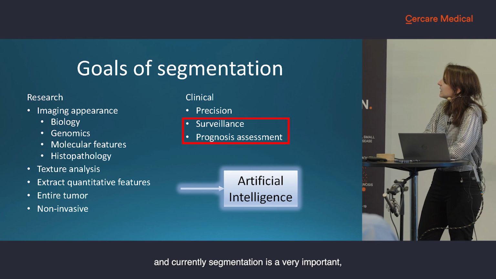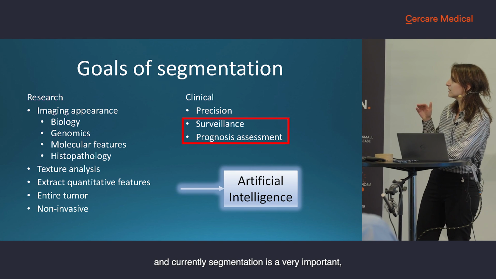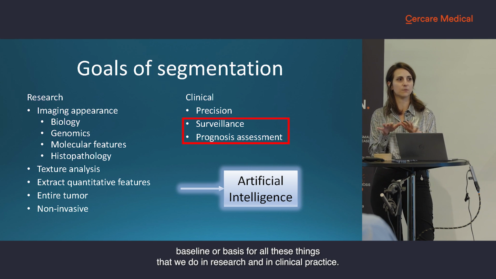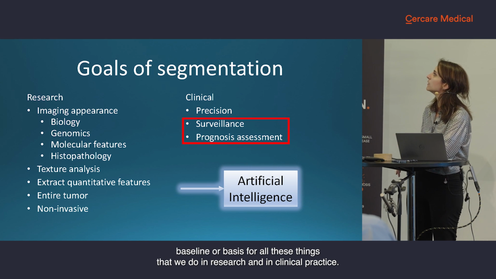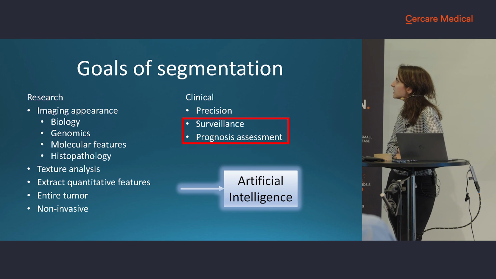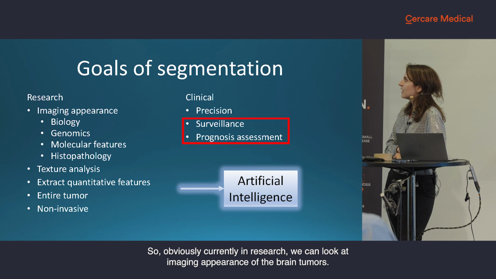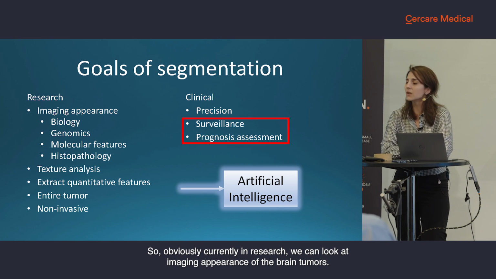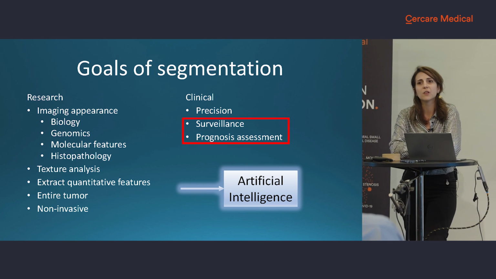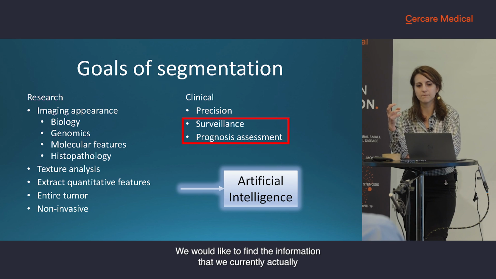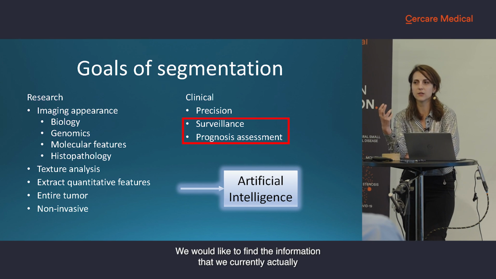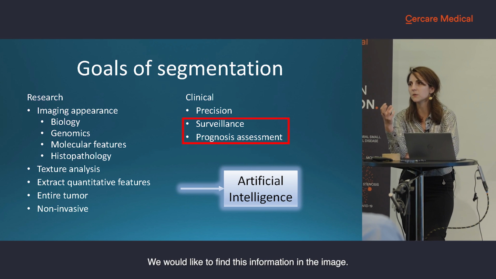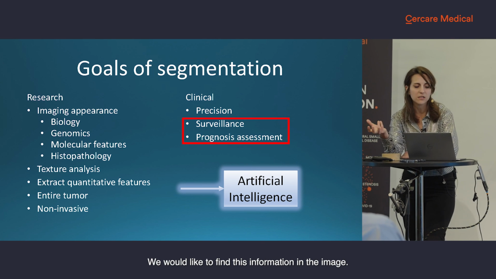And currently, segmentation is a very important basis for all these things that we do in research and in clinical practice. In research, we can look at the imaging appearance of the brain tumors. We would like to find the information that we currently can only find with histopathology, molecular, and genetic analysis. We would like to find this information in the image.